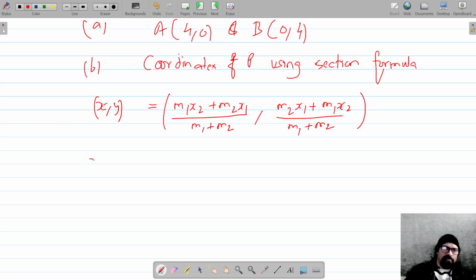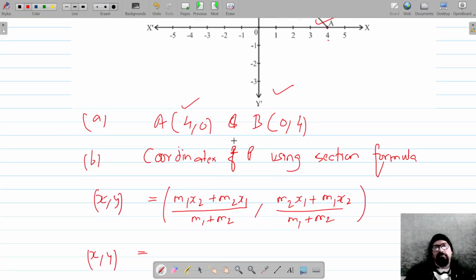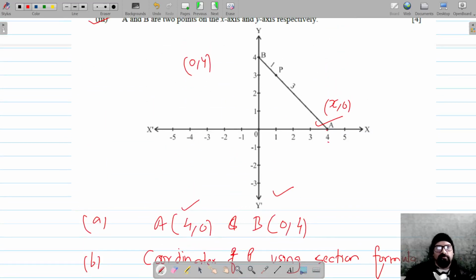Okay, let's now put in the values. Here m1, the ratio is 1 is to 3, sorry, 3 is to 1. So this is m1 and this is m2, and 4 comma 0 are x1, y1, and 0 comma 4 are x2, y2. So let's put in the values.